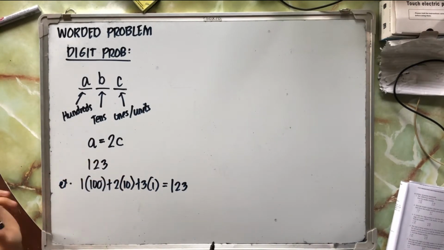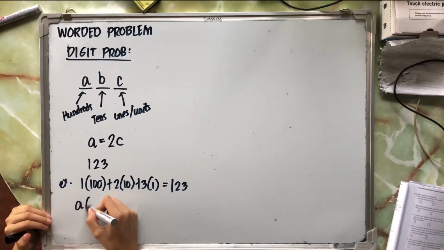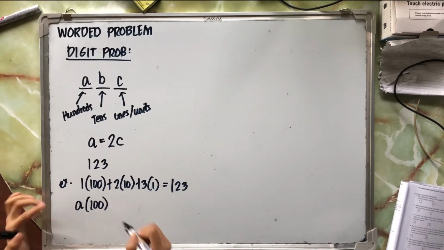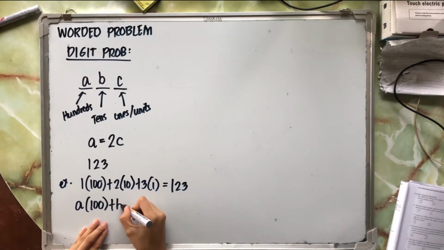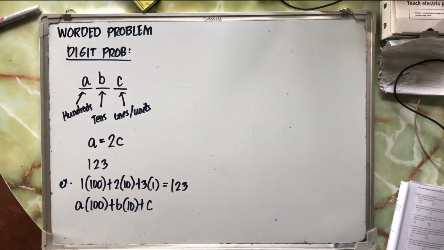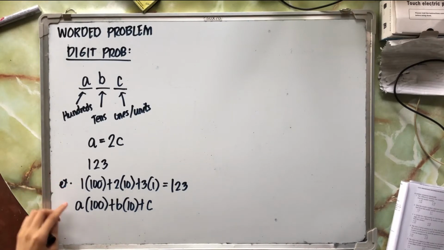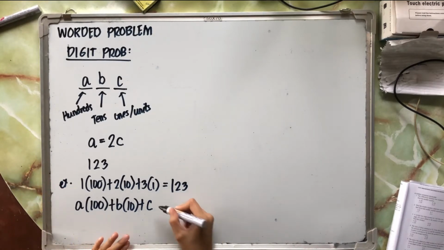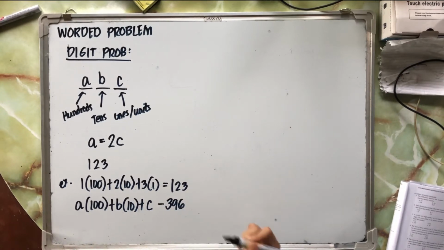Okay. Ngayon, sabi niya dito, yung number daw natin, pwede natin isulat yan as A times 100 plus B times 10 plus C. Yan yung number natin, tama? Just like dito, sinasabi ko kanina. If itong number daw na to, subtrakan daw natin siya ng 396, that would result to mare-reverse na yung number.